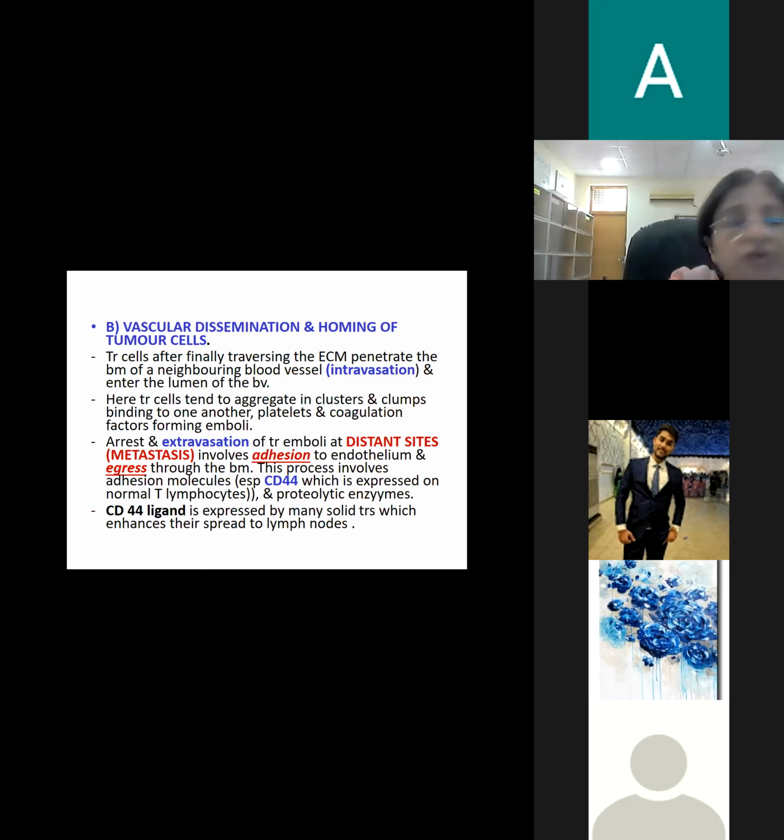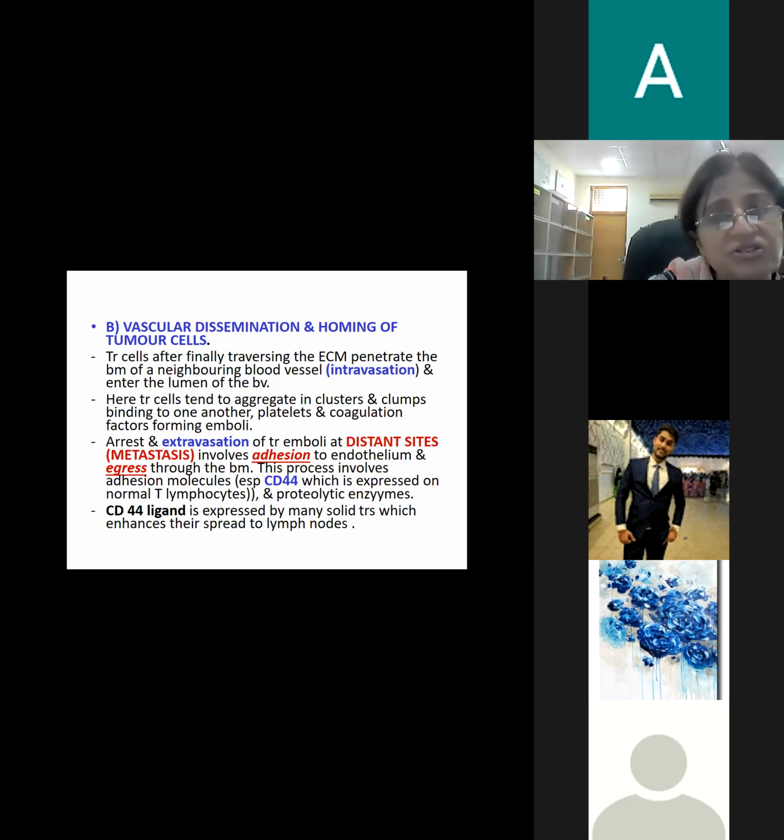So the second major process is invasion. Now this is how the tumor cells are invading into the blood. The process was invasion, and it comprised 4 main steps. Now this is vascular dissemination, that is, how the tumor cells are entering into the blood vessel.